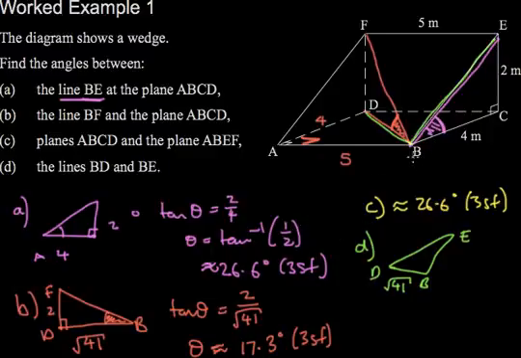I can't see it. Well, I'll work it out anyway. So it's 4 squared plus 2 squared, all square rooted, 2 root 5. And I'm trying to find the angle between them, which is this one here.